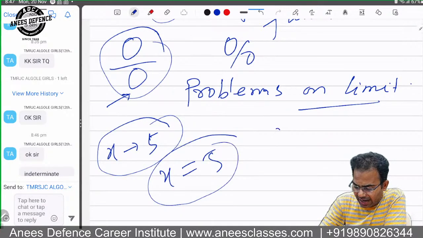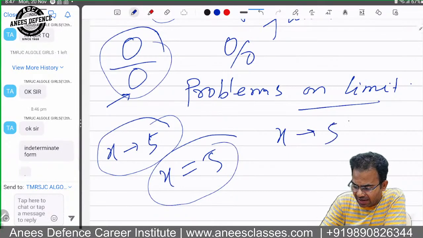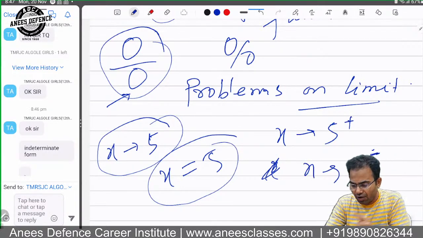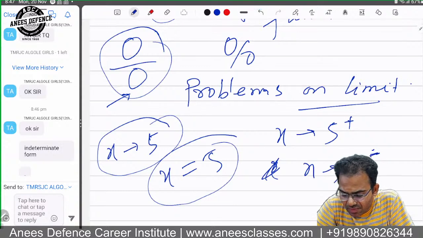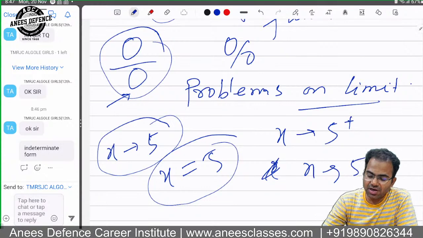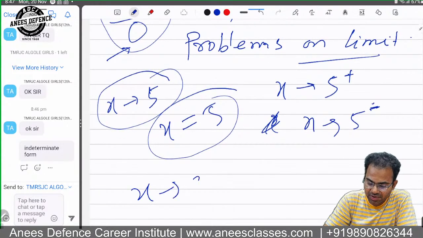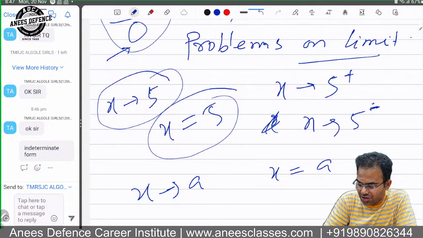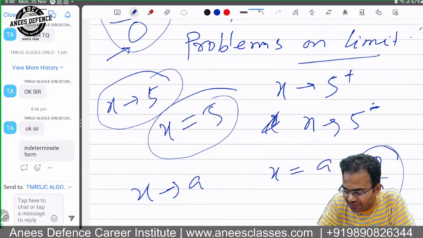So I will find at x tends to 5 plus and x tends to 5 minus. That means I will find around 5. If I have a limit point A, and at exactly x equal to A I am getting 0 by 0, that means indeterminate form.